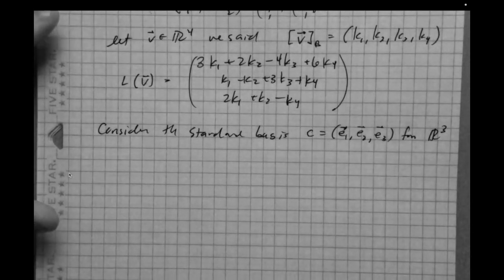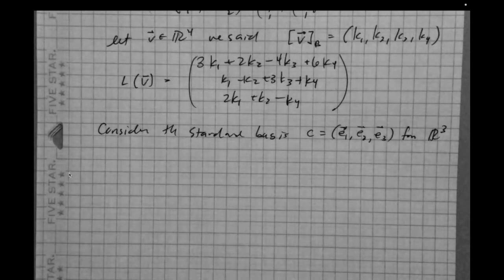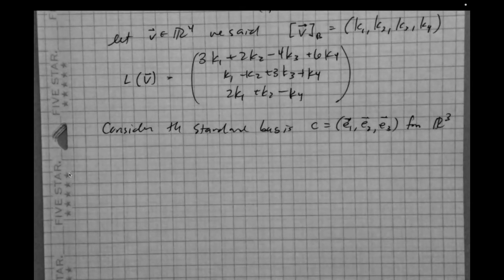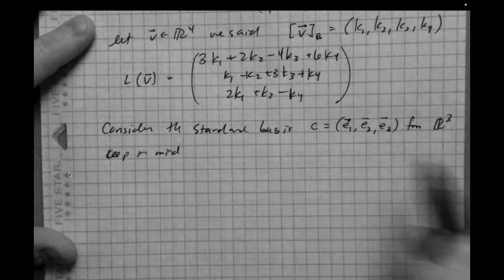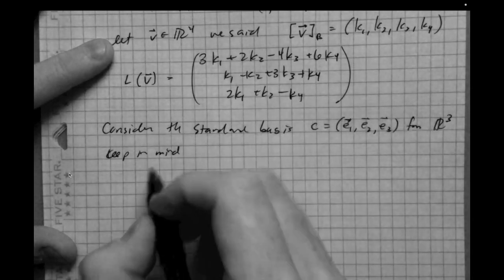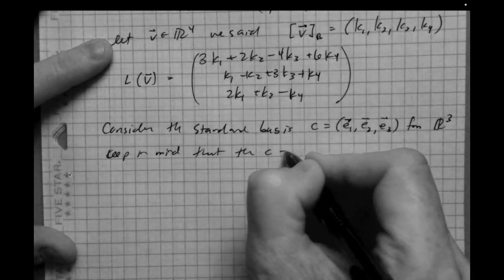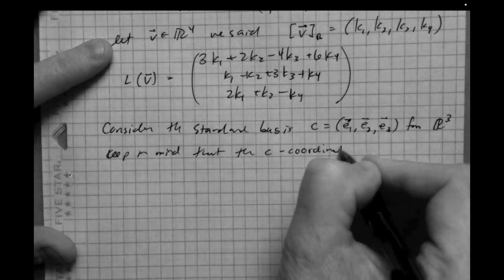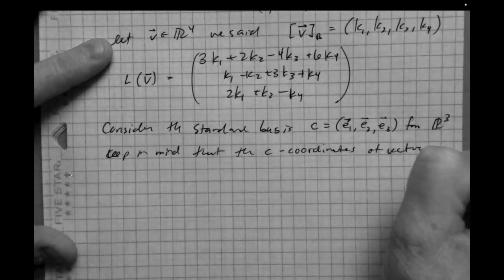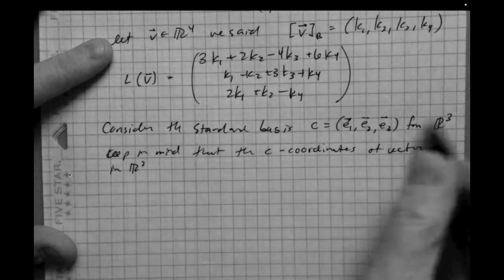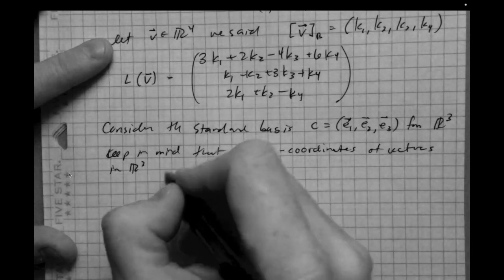So now we're switching to the codomain R3. When you're thinking about this, keep in mind that the C coordinates of vectors in R3, in this case the codomain, are the same as the vectors themselves, because this is the standard basis.